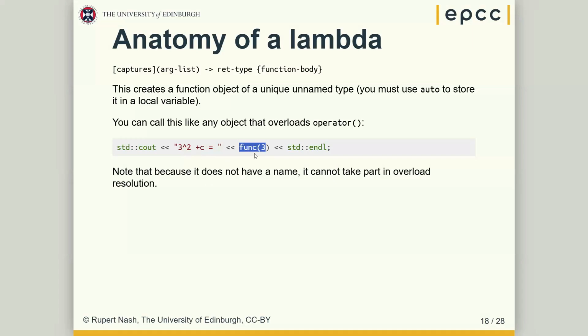The lambda is bound to the variable called function. It is not a function with a particular name. It's a bit hard to get your head around, but when you play around it will become a bit clearer.